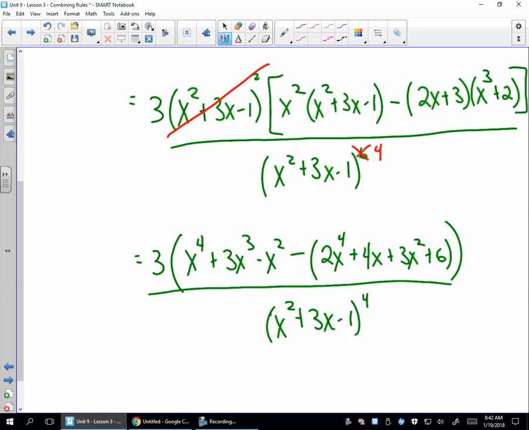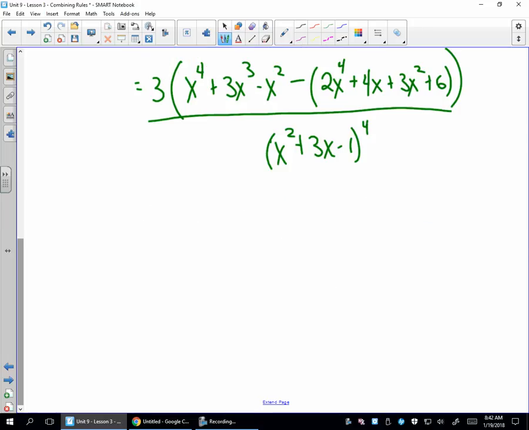Okay, we're not quite done yet because we have a bracket we can simplify. Let's do it. Okay, so we're going to collect some like terms inside this bracket. I can put this x to the 4 with minus 2 of these. That gives me negative x to the 4. 3x cubed minus 3x cubed gives me no x cubes.